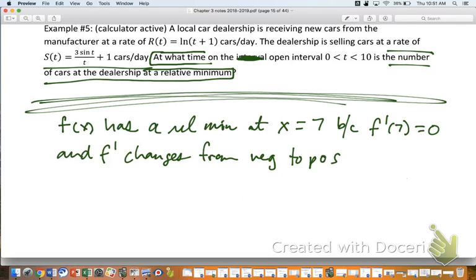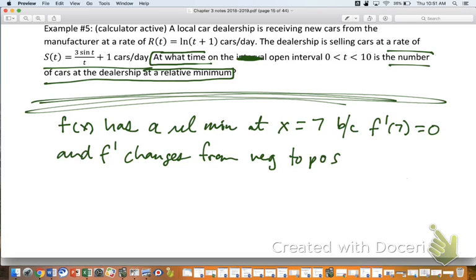You will have a relative min of cars when the rate of change of the number of cars goes from negative to positive. Just like you'll have a relative minimum for f at a critical number whenever f prime, isn't f prime the rate of change of f? Yeah? Whenever the rate of change of f goes from negative to positive. That concept has not changed.